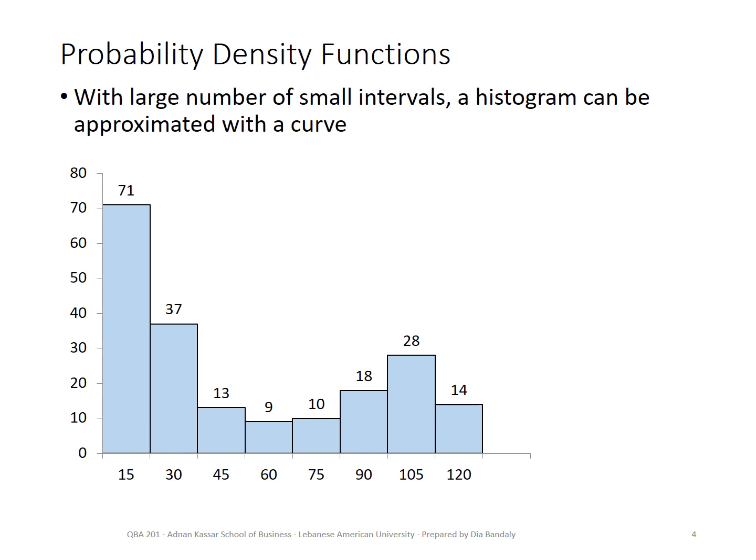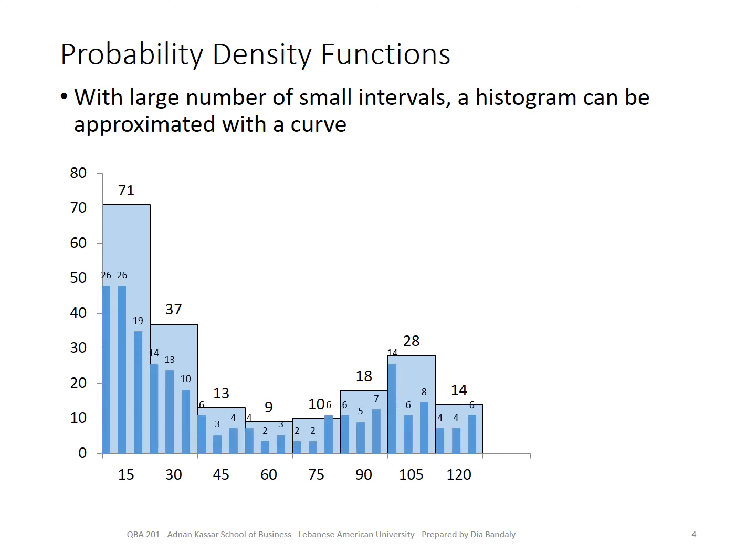In this histogram, we have a class width of 15. What if I reduce the class width, meaning that I reduce the range of each category? Let's say, for example, I want to reduce it from 15 to 5. And here we go. I will use the same 200 values that I used to build the first histogram.